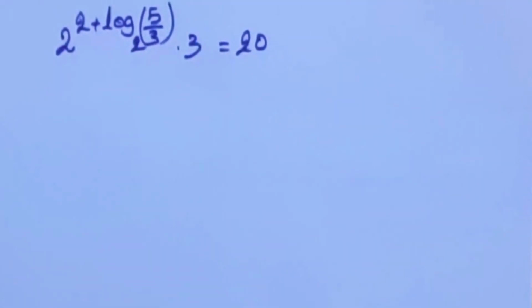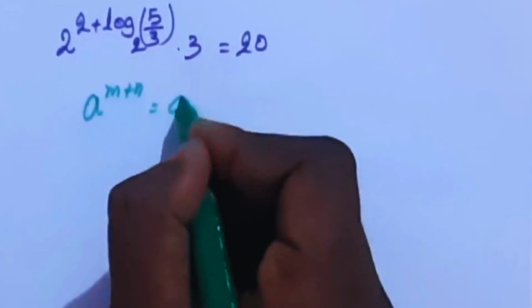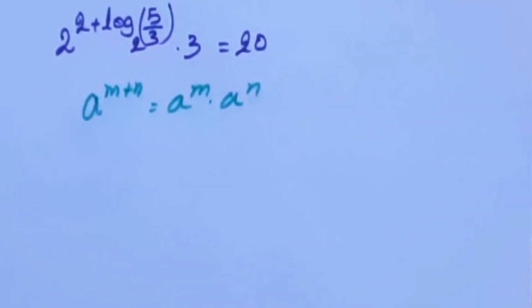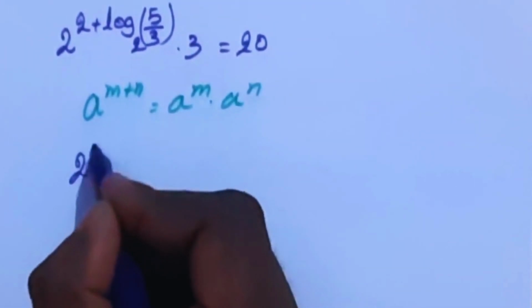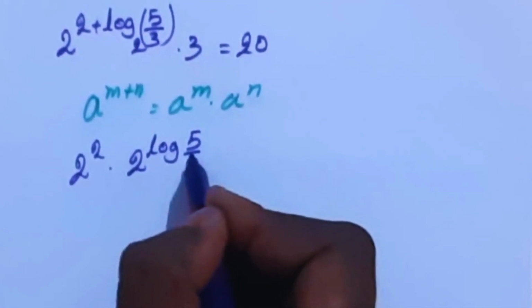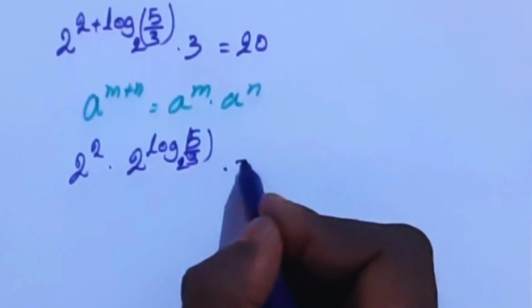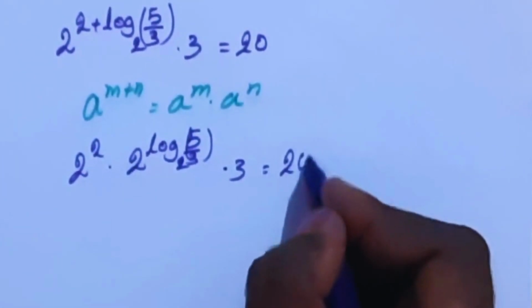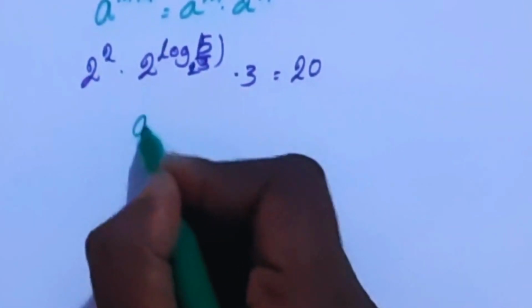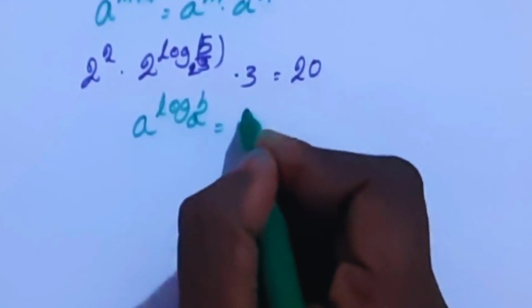Now we are going to apply this exponent identity, that a power m plus n equal to a power m times a power n. So this will give 2 power 2 times 2 power log 5 by 3 base 2 times this 3 equal to 20. Now we know the log formula, that a power log b base a equal to b.